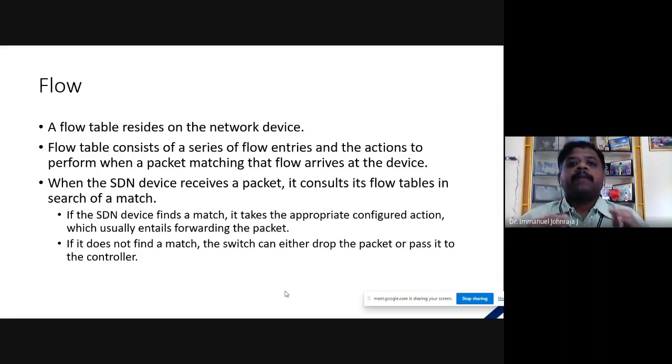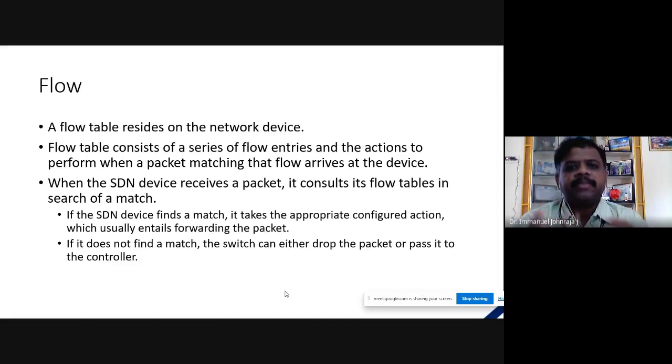What happens when a packet is received by the SDN device? It consults its flow table in search of a match, very similar to the label table in MPLS or the routing table in routers. So the packet comes, it checks the flow table: what should I do with that? If the SDN device finds a match, it takes the appropriate configured action, which normally forwards the packet to the other side.